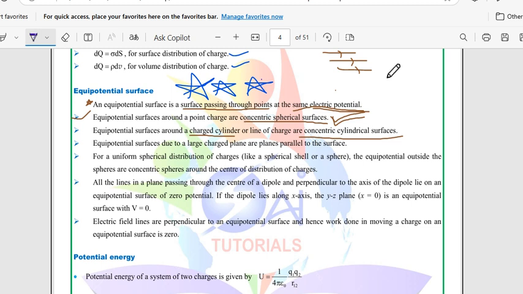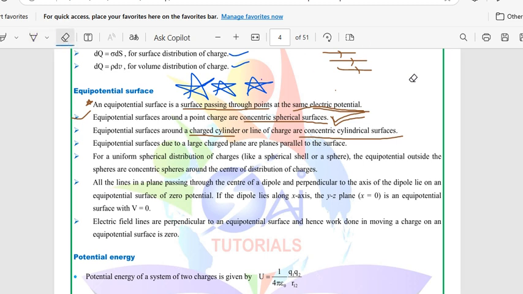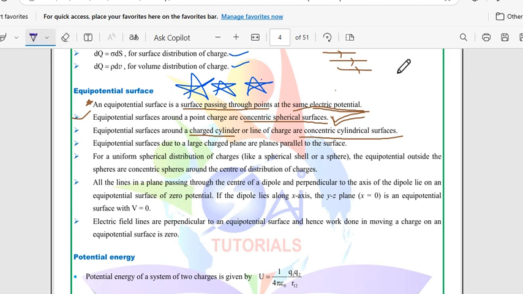If you consider a cylinder, let us consider a cylinder.